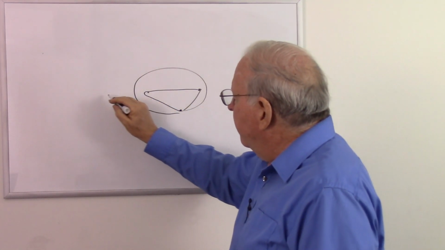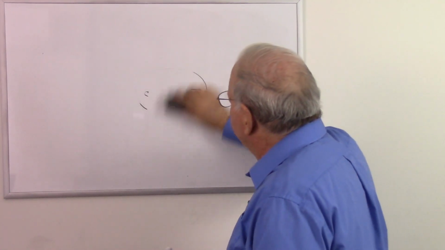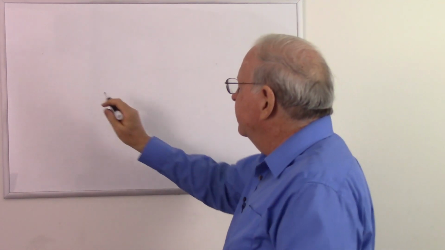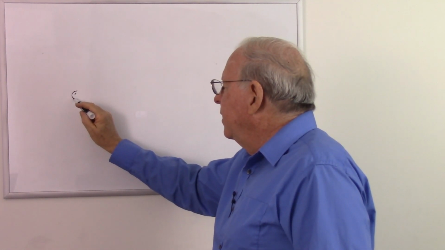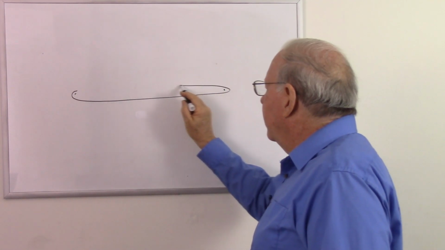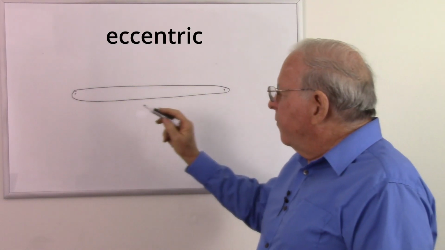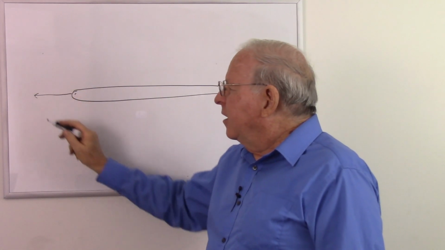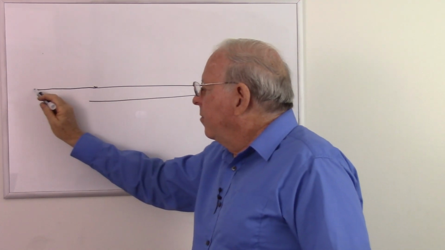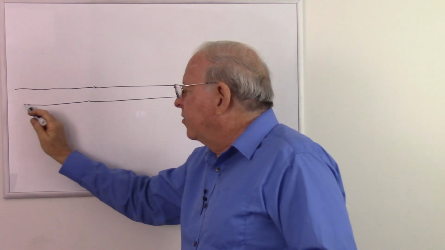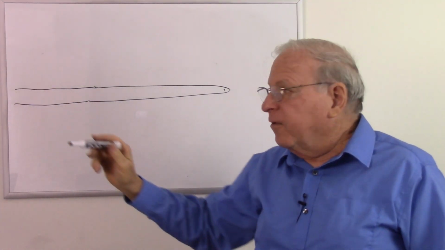But if we get these further and further apart, if we put those two foci really far apart, that ellipse is going to be lots more stretched out. Now, if we put this one infinitely far away, these lines become parallel because they never converge, because the focus at that end is infinitely far away.